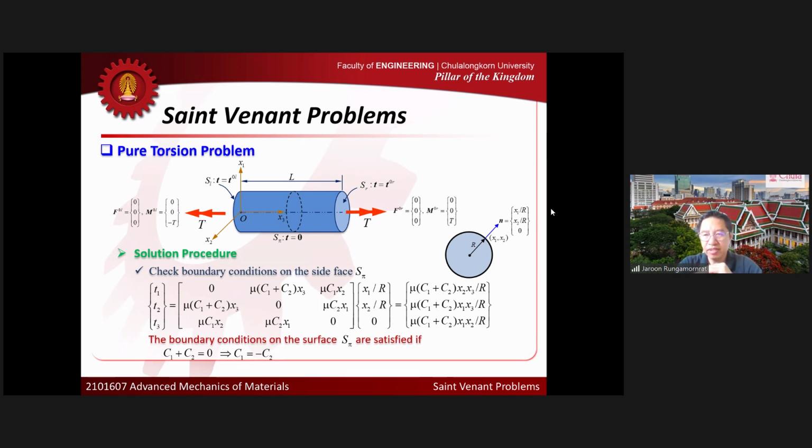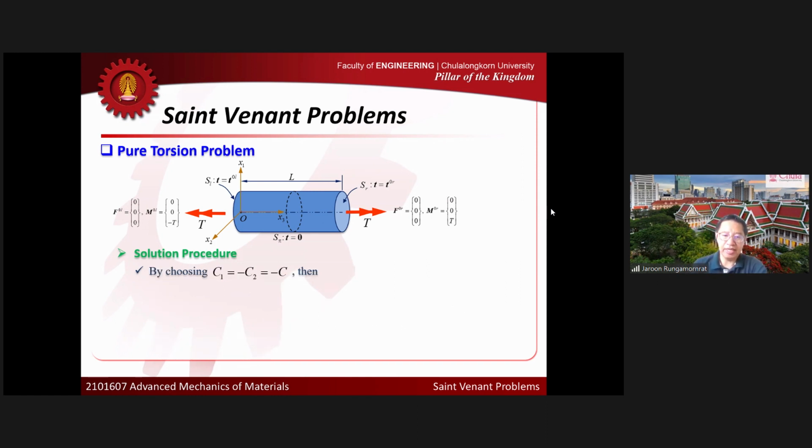C1 can be expressed in terms of C2. So I reduce the number of unknowns from 2 to 1. Now we choose C1 equal to minus C2 equal to negative C, and C here is the representative constant after satisfying the boundary condition on the side face.